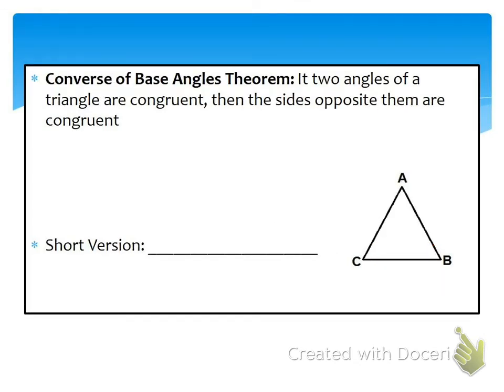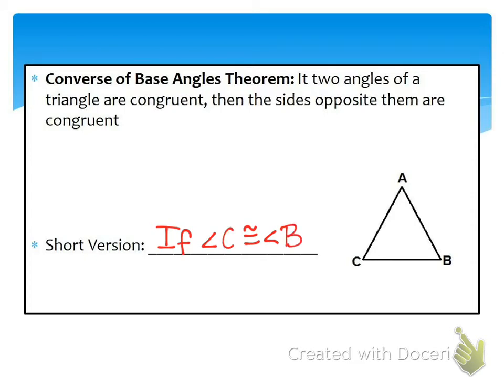The converse of the base angles theorem, of course we should know what a converse is. If 2 angles of a triangle are congruent, then the sides opposite them are congruent. So this time we're starting off with a pair of angles. What angles do you want to use? Okay, we could use C and B again.